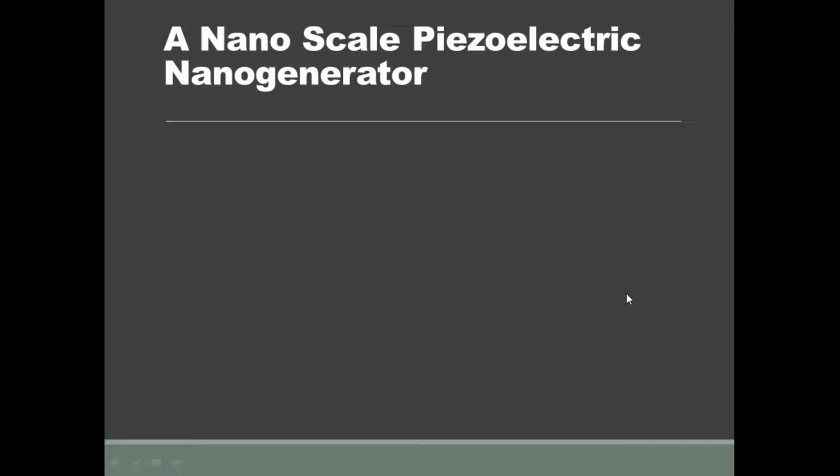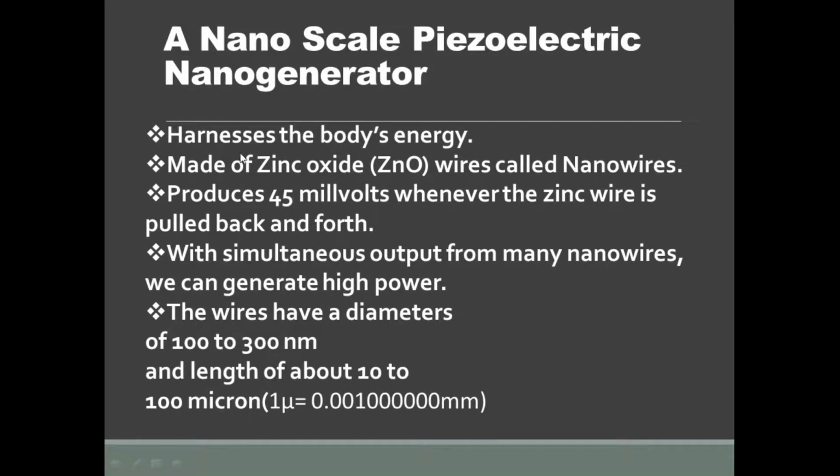Among these three types of nanogenerators, I'm just going to explain only the piezoelectric nanogenerator. It harnesses the body's energy, as I showed you in the beginning of this video: body movements, blood movement, and heart beating.